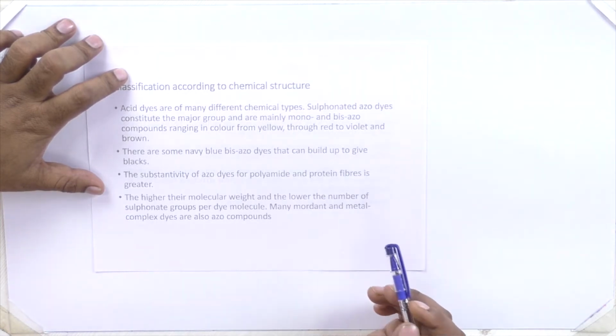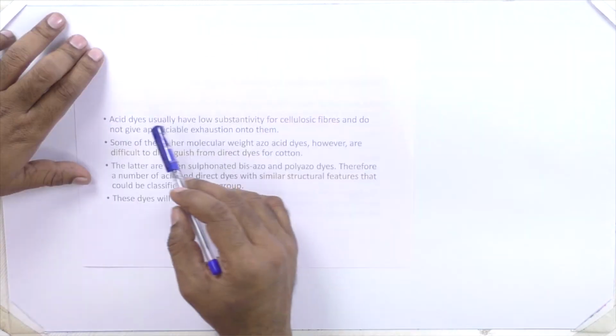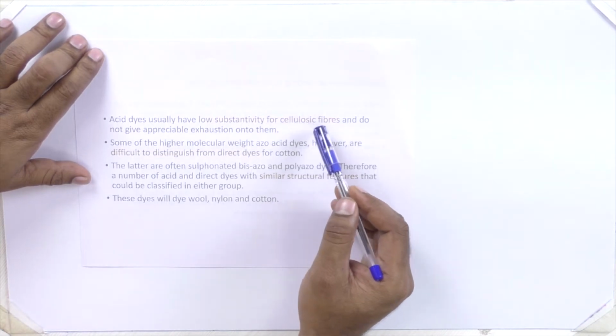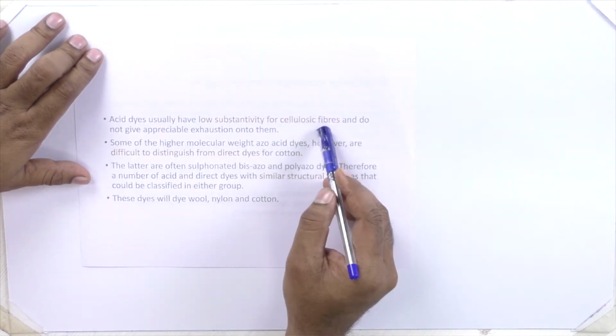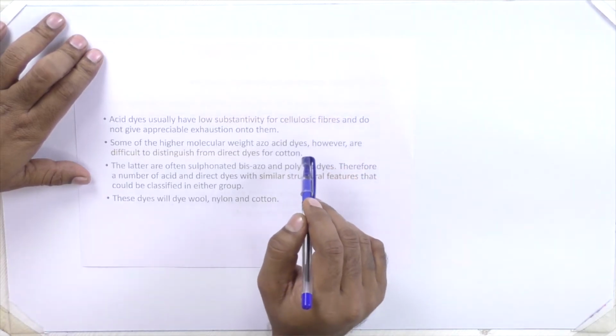Many modern metal complex dyes come under azo compounds. Acid dyes usually have low substantivity towards cellulosic fibers. So acid dyes are mainly for wool, silk and nylon, and are not used for cellulosic fibers.